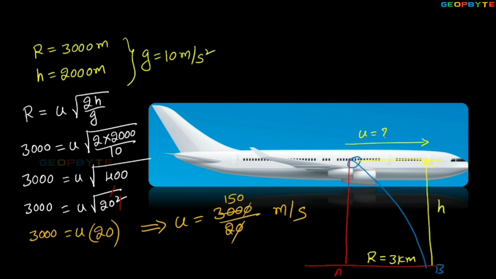If the options are given in kilometer per hour, then write u equal to 150 into 18 by 5. That is 150 times 18 by 5, which is 540.